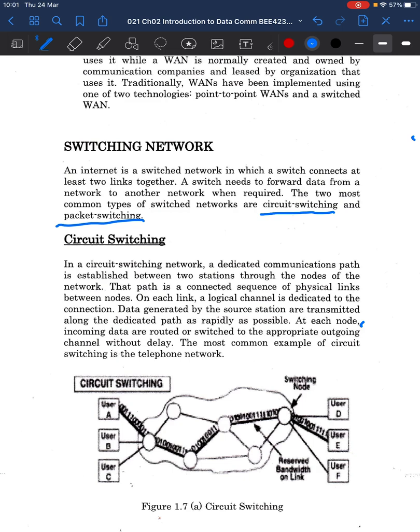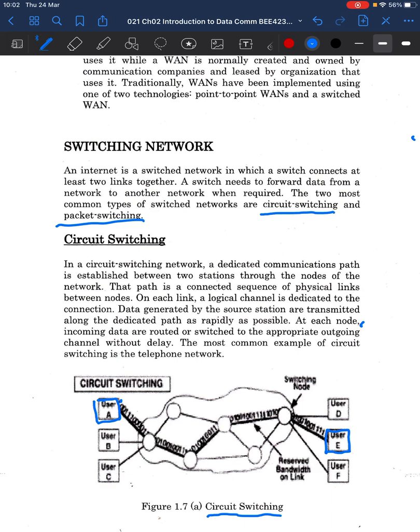Okay, so this is an example of circuit switching. The data from user A is sent to user E through several switching nodes.